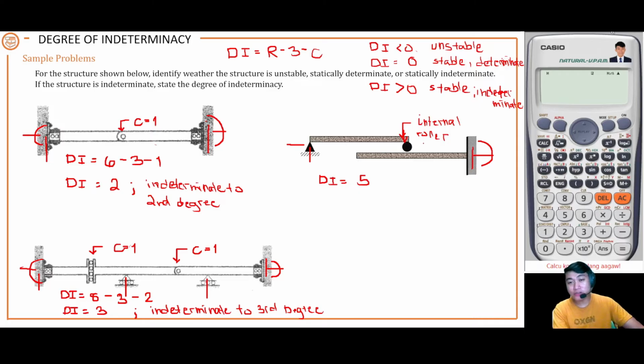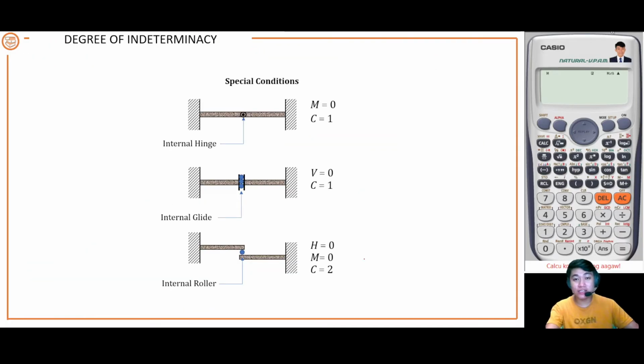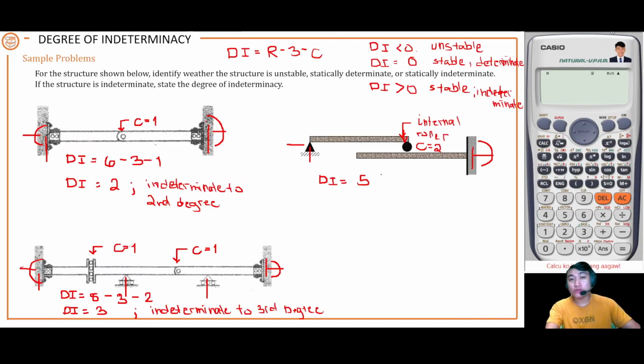For internal roller, C is equal to 2. Take note of that. So therefore, from the formula, degree of indeterminacy is 5 minus 3 minus 2. So this figure is equal to 0, or simply say statically determinate.